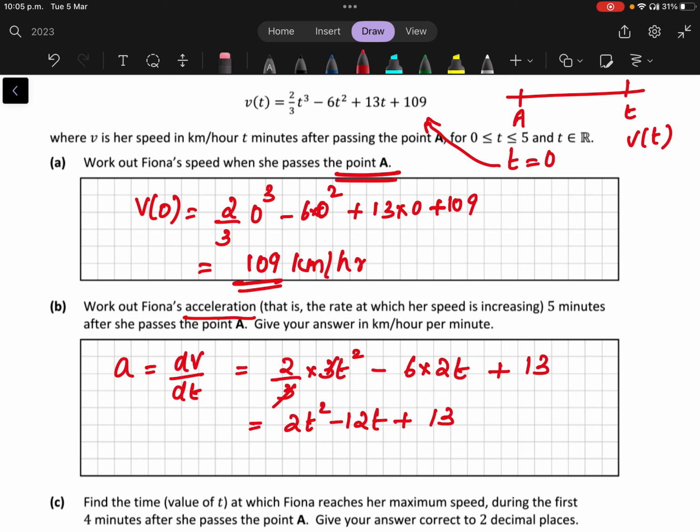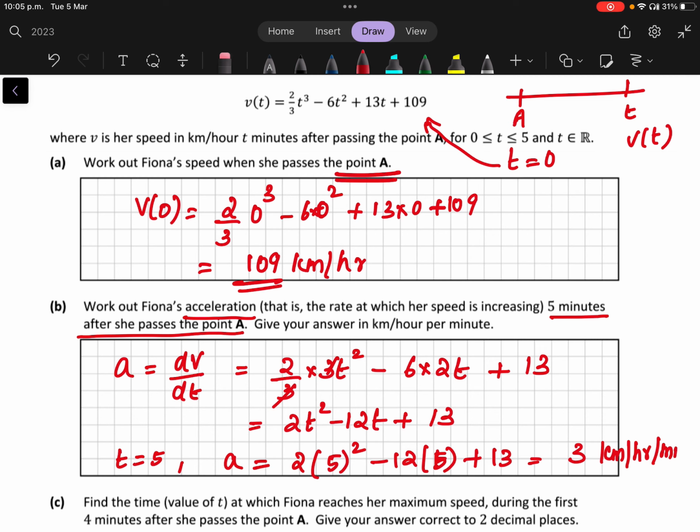This is 5 minutes after she passes the point A, which means that t is equal to 5. So at t is equal to 5, a is equal to 2 times 5 square minus 12 times 5 plus 13, and you can calculate this and you will get 3, so kilometer per hour per minute.